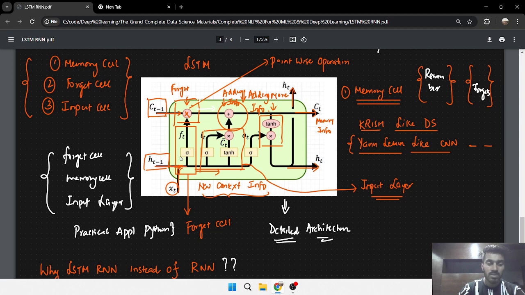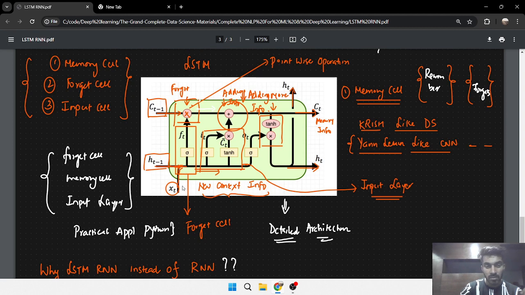The sigmoid function will give you a maximum output, and here suppose the forget cell is there. So the forget cell output and your long memory context vector, and your short term memory context vector.